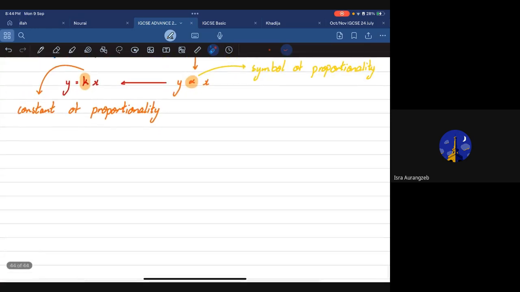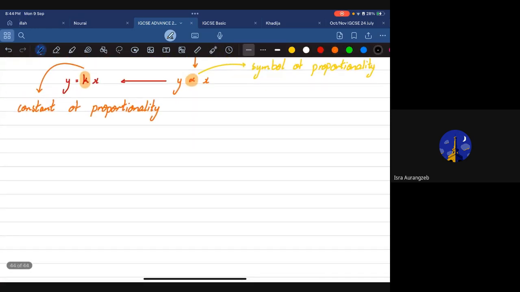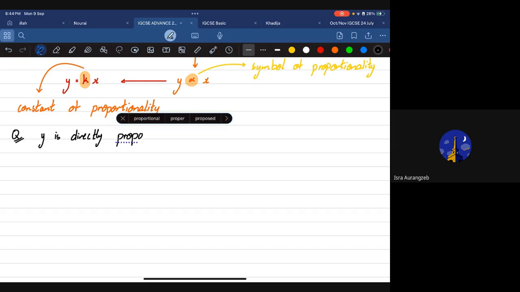This is one question that is really, really easy. The question says, why is directly proportional to the square root of x?